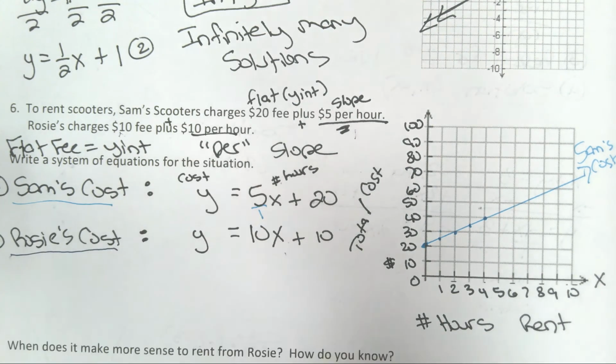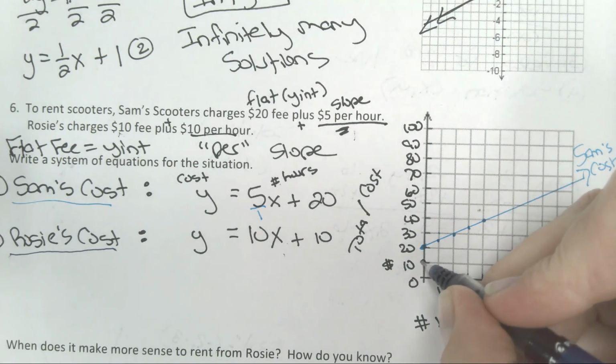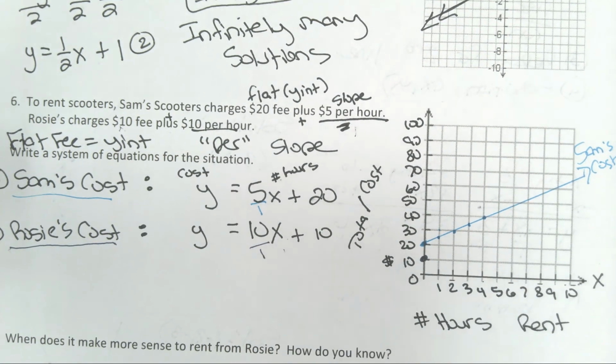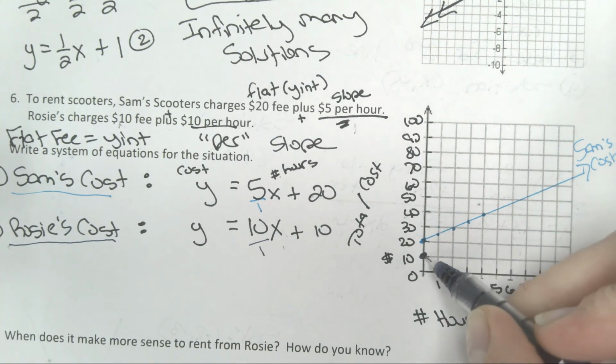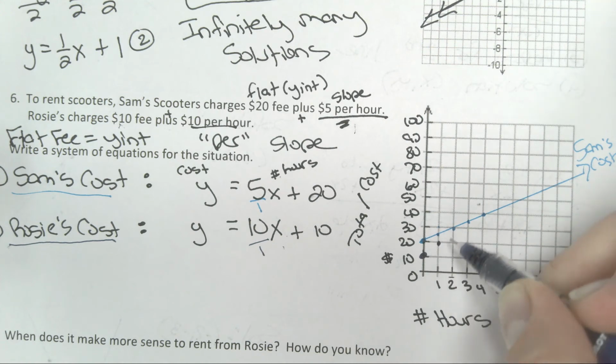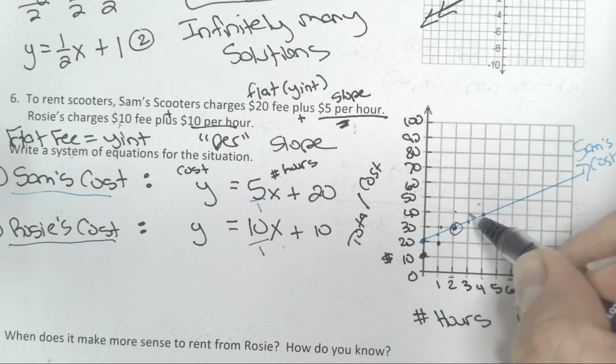And then my second line is going to be for Rosie's cost. That has a y-intercept of 10, and that has a slope of 10 over 1. So this one's easier. When I go up 10, it just looks like I'm going up 1 space, up 1 and over 1, because my y-axis is counting by tens.